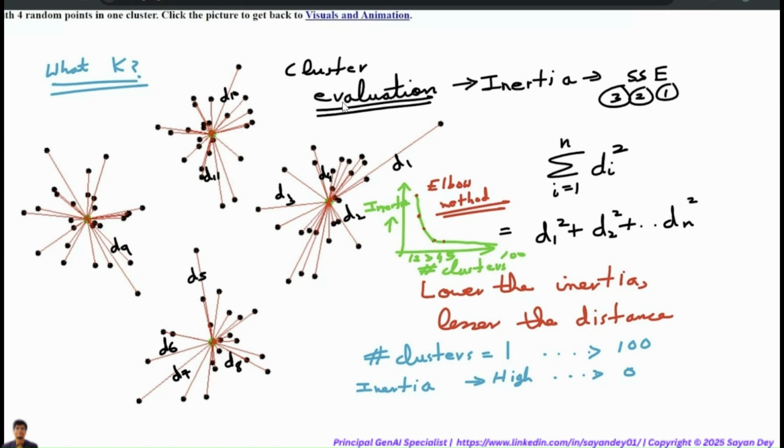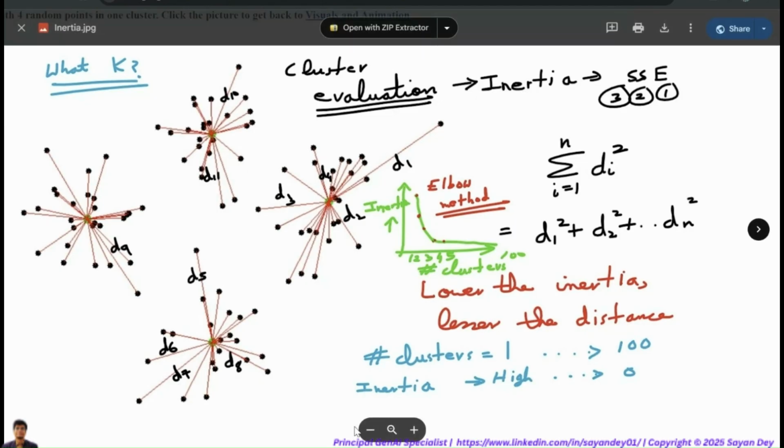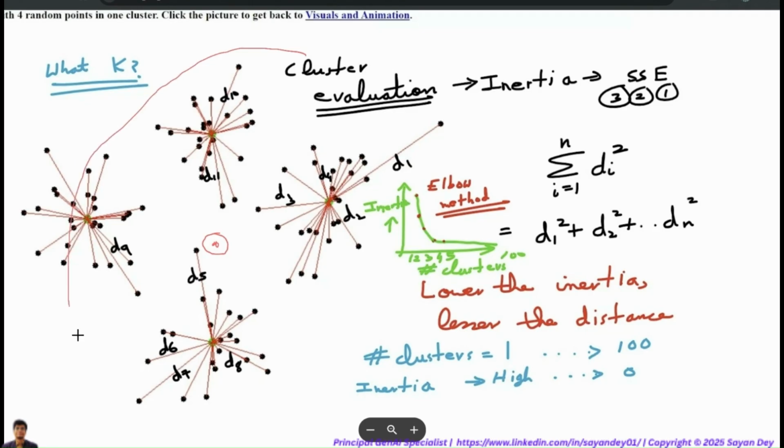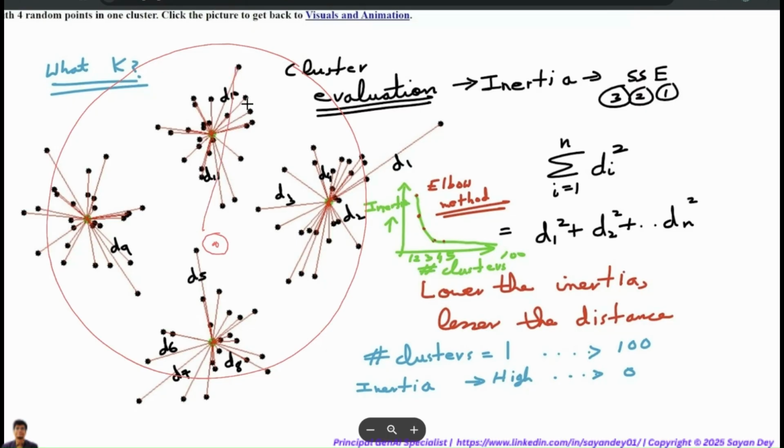You know why? Because the distance of the individual data points, if I just annotate it and show you, imagine I have a single cluster. So all these points are part of the same cluster. If I do that, then all these data points will be very, very far away from that centroid, right? If I have a single centroid, the inertia will be very high. So for cluster one, inertia will be very high.